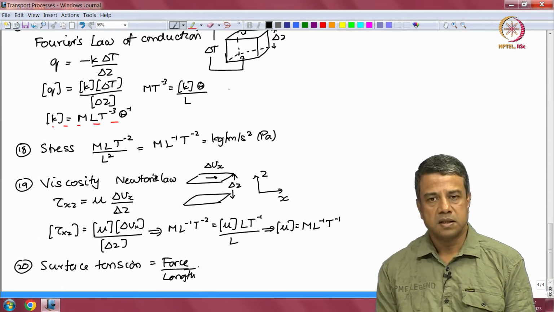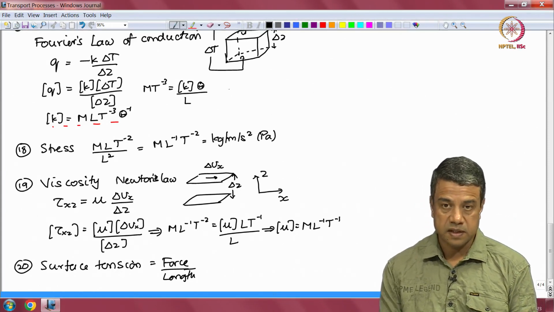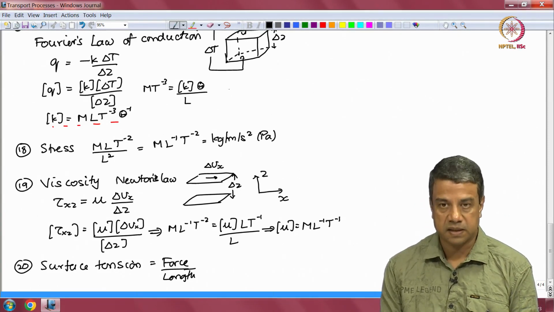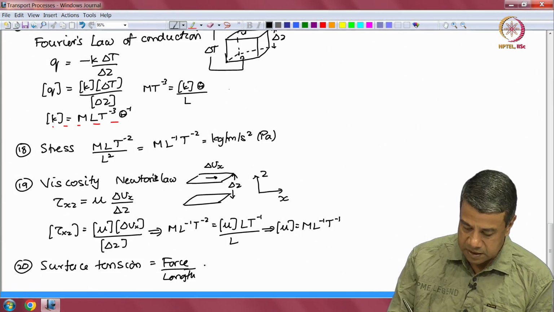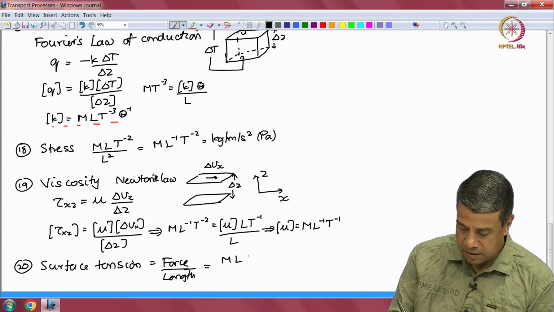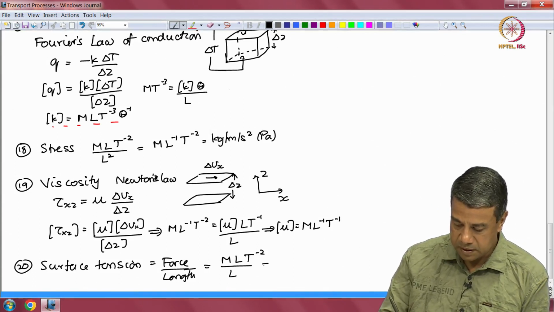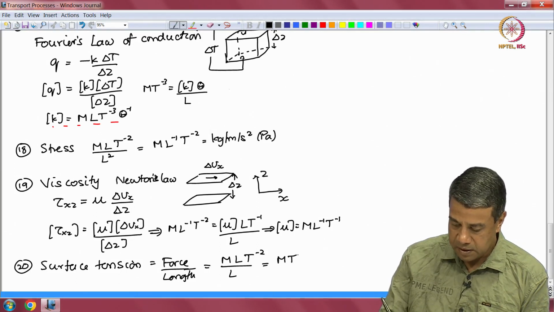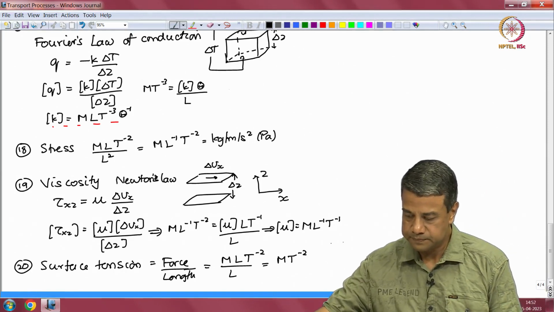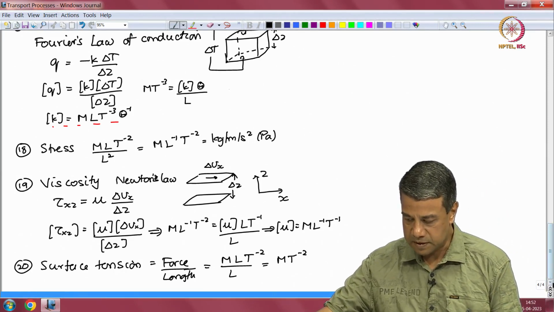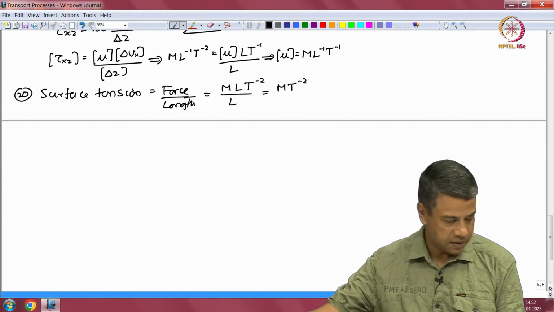Stress is force per unit area, surface tension is force per unit length. Therefore, this has dimensions of force, m L T power minus 2, divided by the dimension of length, which is m T power minus 2, because that is the dimension of surface tension.